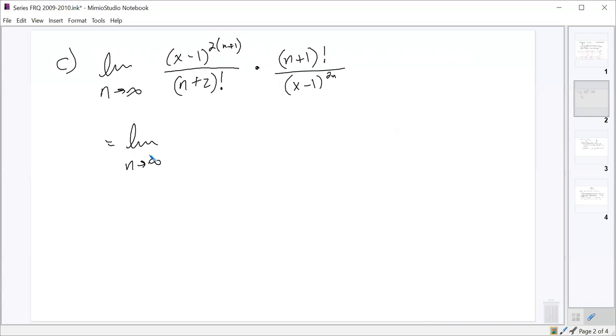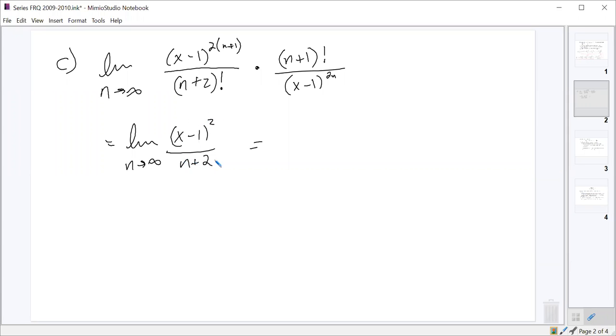Okay. And so then x minus 1 to the 2n plus 2 over x minus 1 to the 2n should give us an x minus 1 squared. And n plus 1 factorial over n plus 2 factorial should make this over n plus 2. And what is that limit? X minus 1 squared is just some constant.